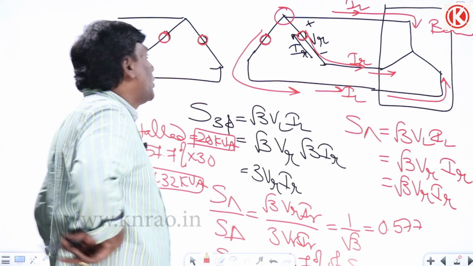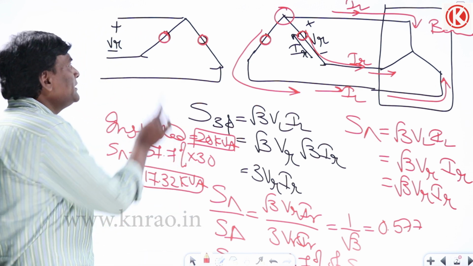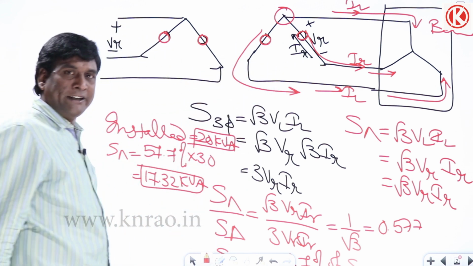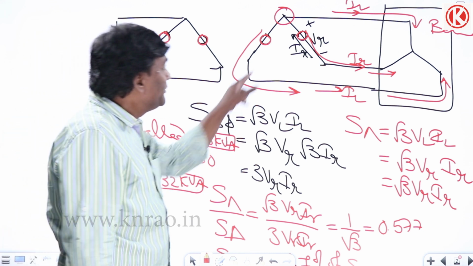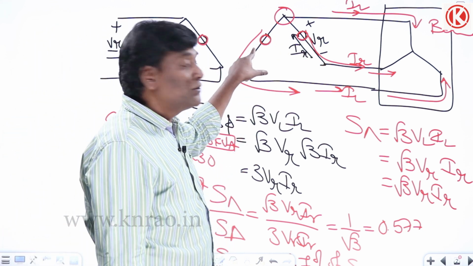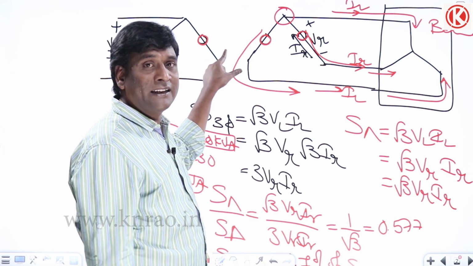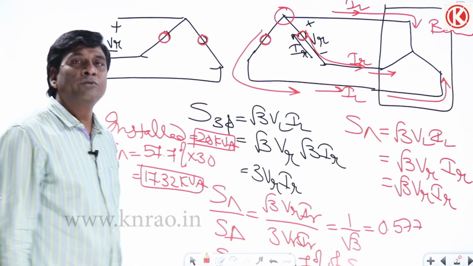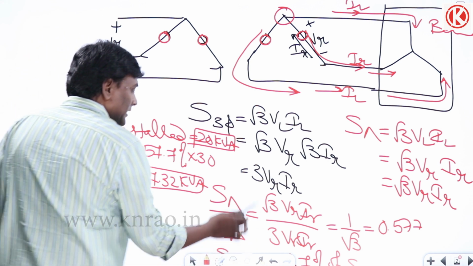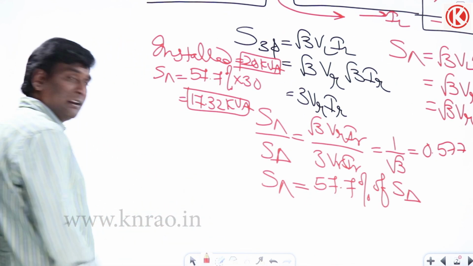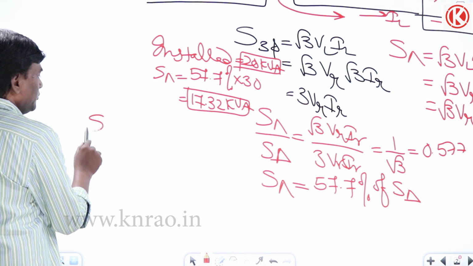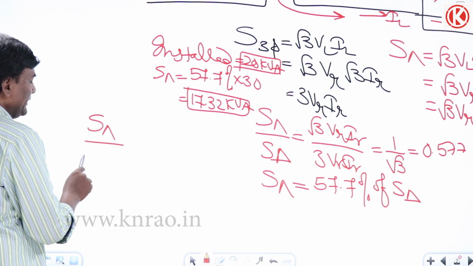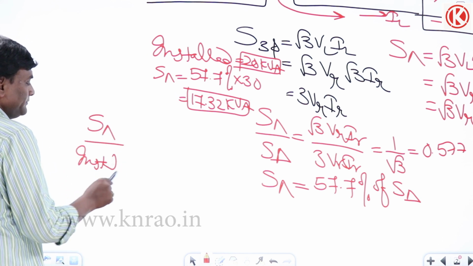Now the point here is very simple. If I have installed capacity of 20 kVA, and individually each is operating at 10 kVA, 10 kVA, but net output should be 86.6% of 20 kVA.